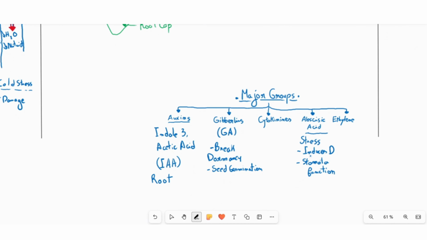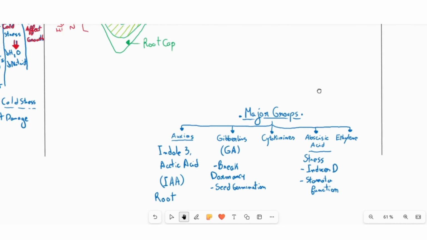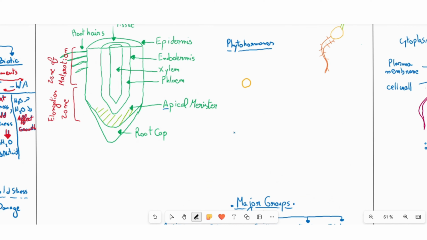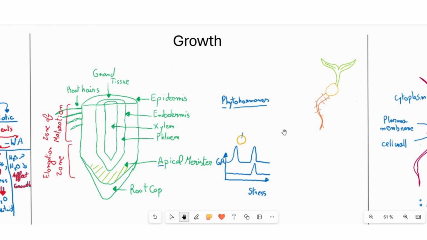Now, these three hormones are really important in the first stages of the seed. As it grows, there's going to be two directions. And this direction of growth is what we call tropism. The root grows into the soil, following gravity. We will call this gravitropism.